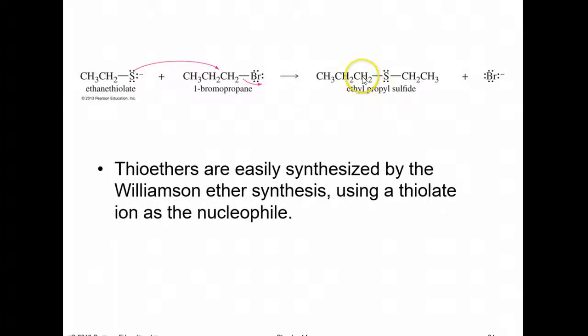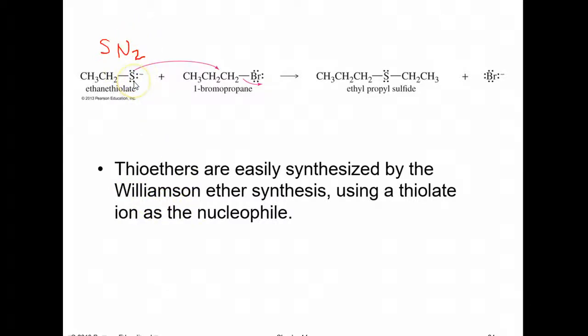You can make these by the same type of SN2 reaction. This is an SN2. It's like the Williamson ether synthesis, but using a thiol. I don't know if thioether synthesis has its own name, but it's very similar to the Williamson.